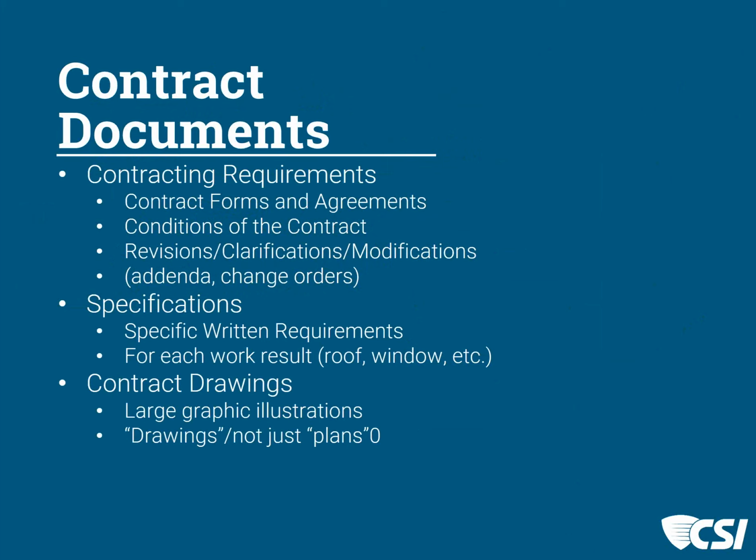And then the contract drawings themselves. The drawings, not just the plans, to include all of the schedules, etc. They're included in a set of documents, whether those are large graphic illustrations or just schedule details.